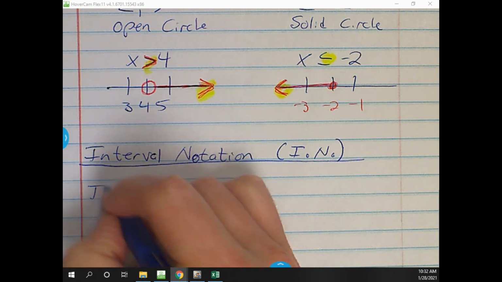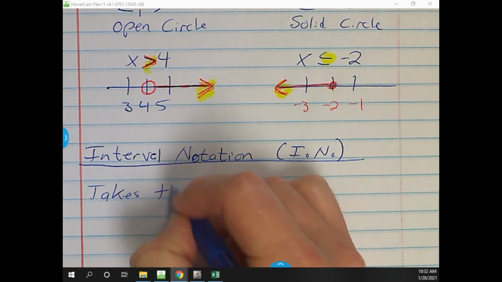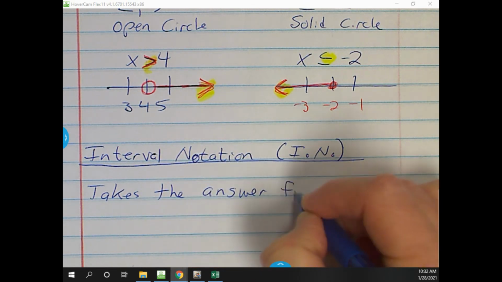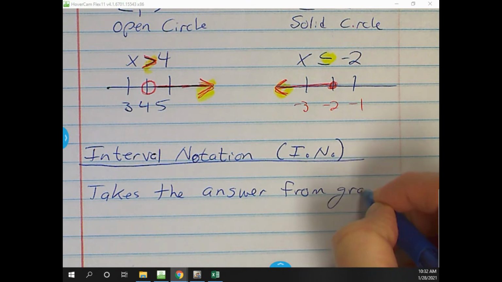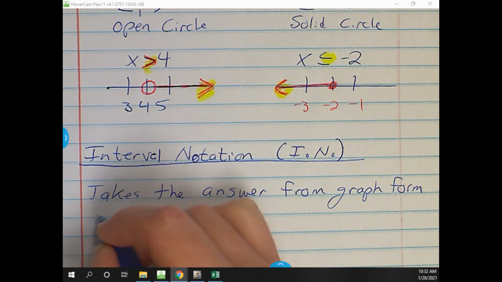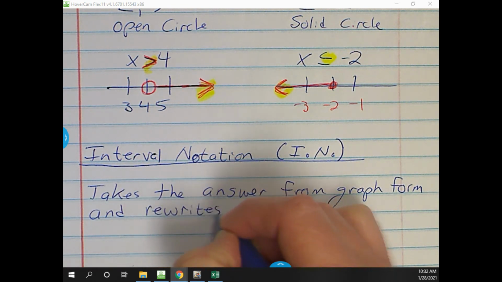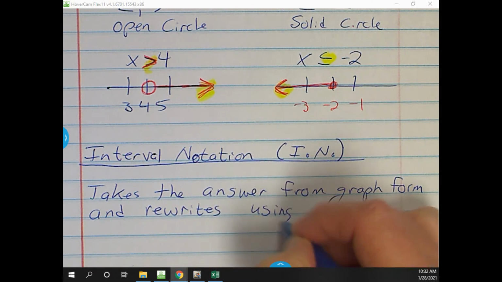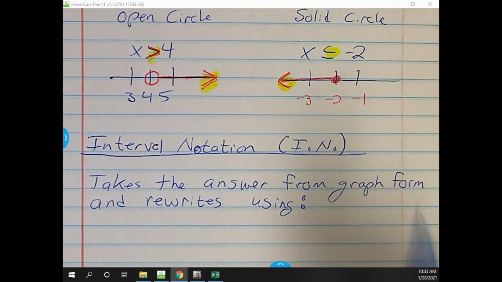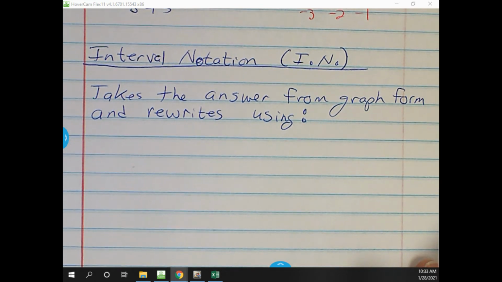Interval notation basically does this. It takes the answer from graph form, and we're going to rewrite it using something else to make it a little bit easier when we start doing graphs that aren't just a regular number line.